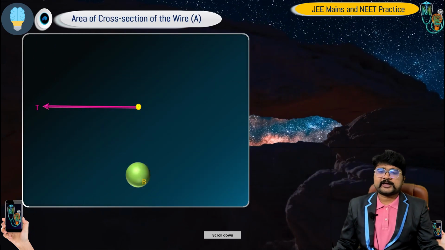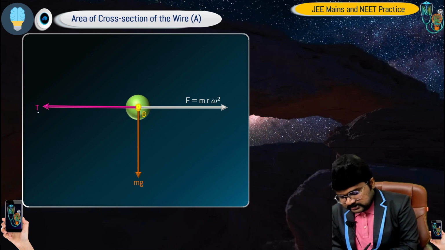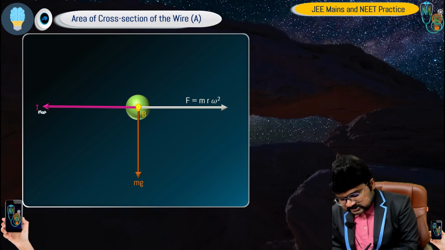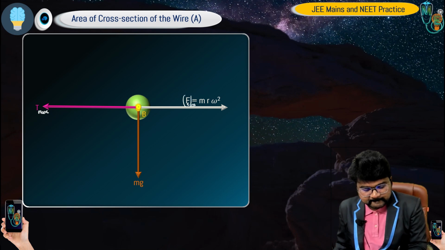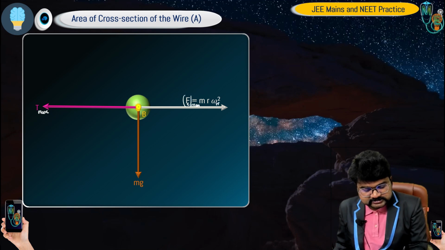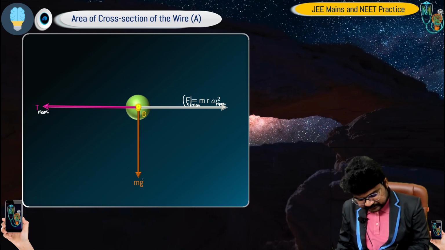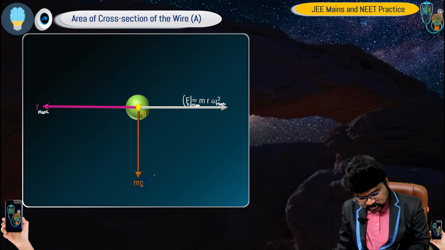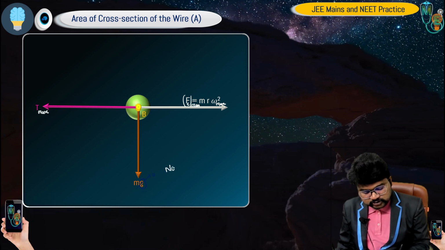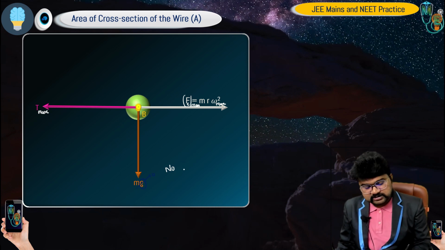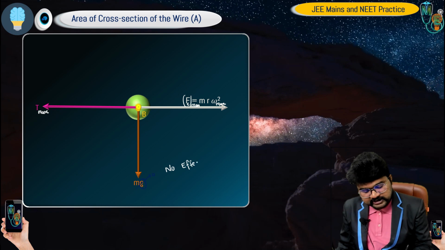See the free body diagram. Here weight acts in the downward direction, and this would be maximum tension, F_C maximum. Here it is maximum. There is no effect of gravity, g equal to 0, in order to move in this manner.